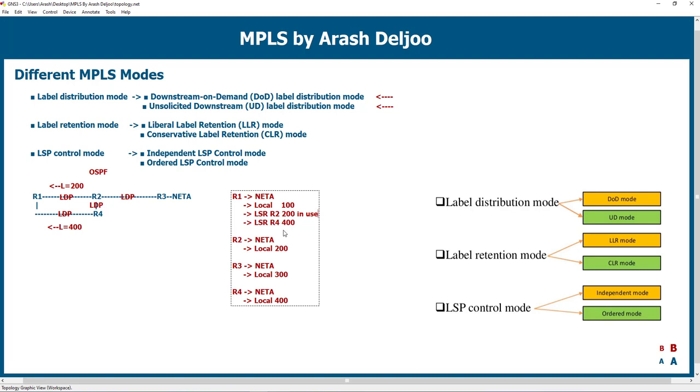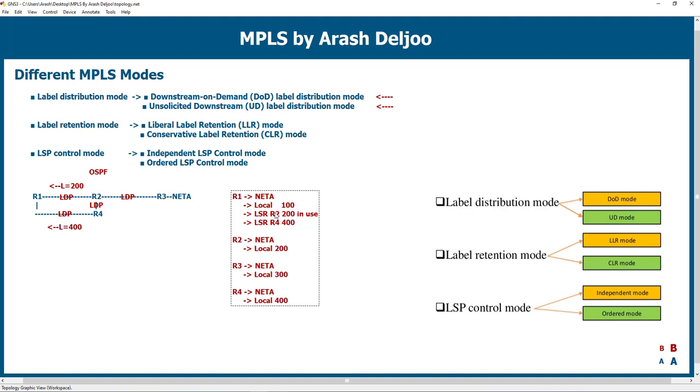The second method is better for convergence, because if the link between R1 and R2 goes down, R1 can immediately use the label received from R4, because the new next hop is R4, chosen with OSPF, and R1 already has the label from R4 and can use this path.